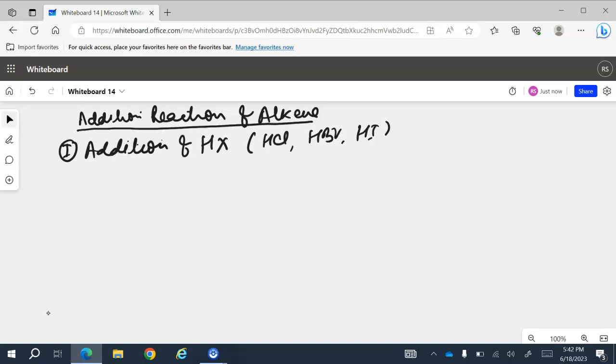And we learned that if we are adding to a symmetrical alkene, then the hydrogen and halogen will go across the double bond, but which goes where is not an issue because the symmetrical alkene will have the same product in either case.